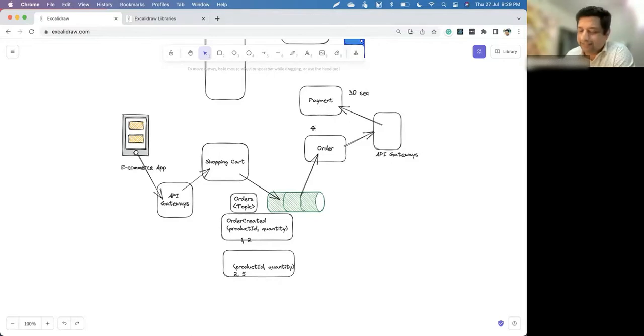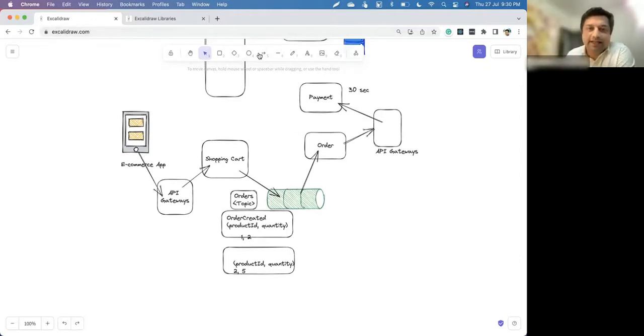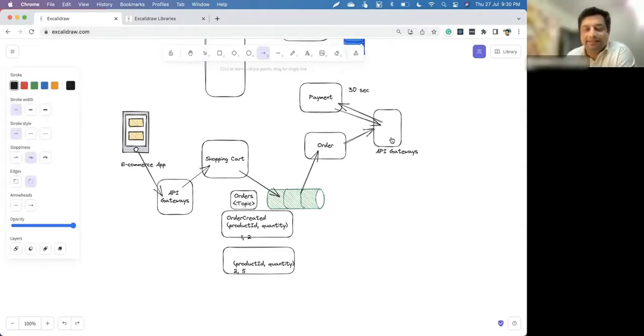Because payment processing will make a validation call, maybe do fraud detection, and once everything is verified, it will check with the bank account and transfer the money. And once the transfer is complete, it will confirm the payment, and then reach out to order processing that the payment is confirmed.